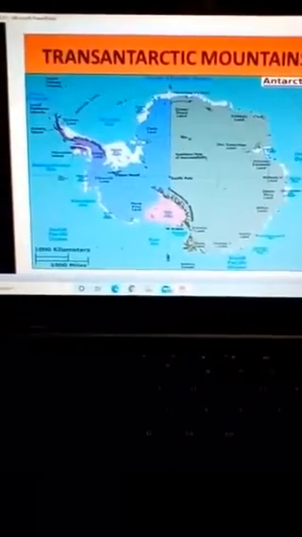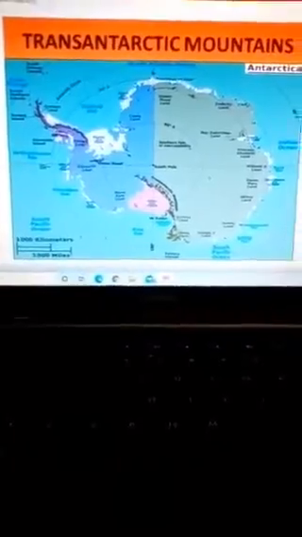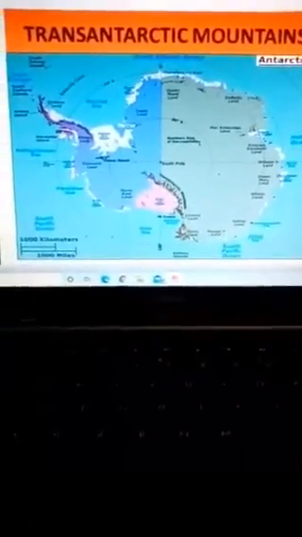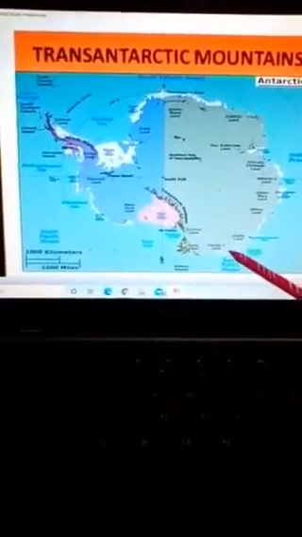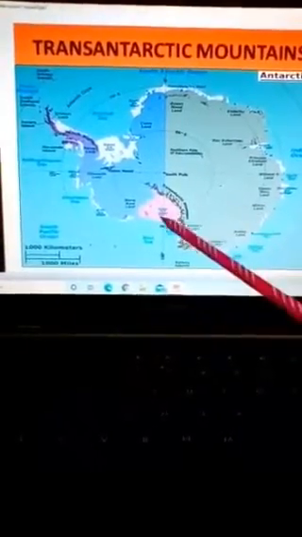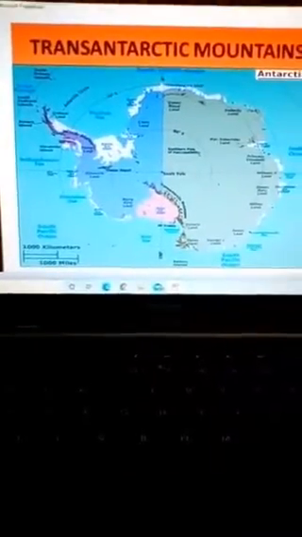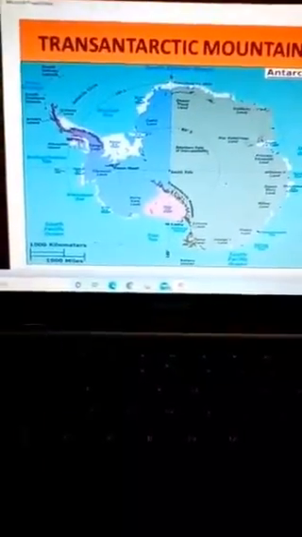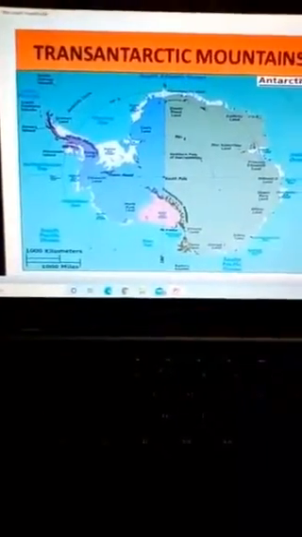The next important physical feature is your Transantarctic mountains. As we were discussing in the previous slides also, the Transantarctic mountains cross the entire continent and they divide Antarctica into two parts, East Antarctica and West Antarctica. East Antarctica faces the Atlantic and the Indian Ocean, and West Antarctica borders the Pacific Ocean.